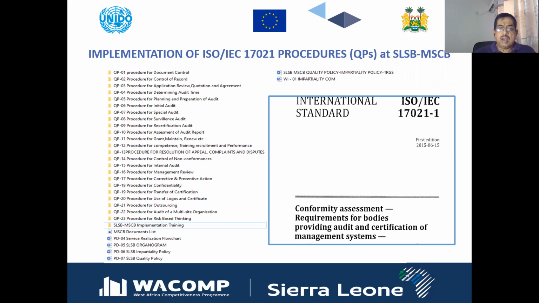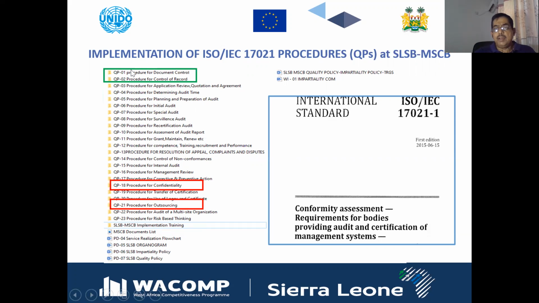In my Module 1 lecture, I explained when we started and how we moved step by step towards conducting the training. In the last Module 1, we explained the implementation of QP1 and QP2. You can see here these are now in green font.